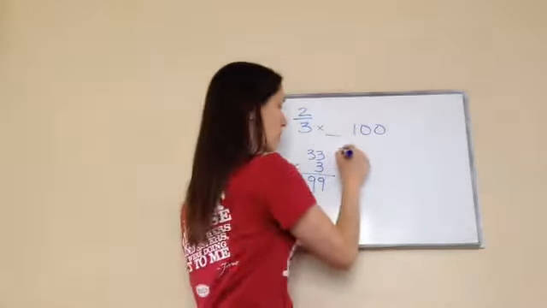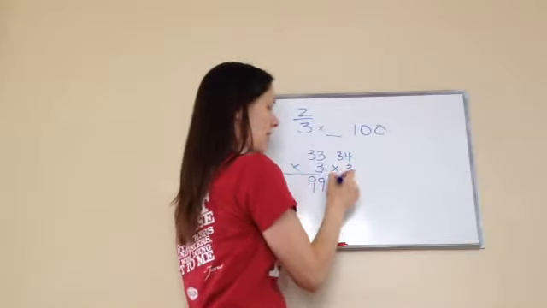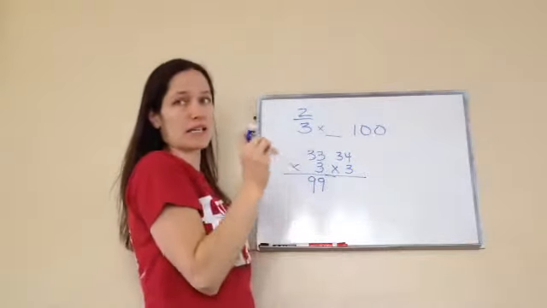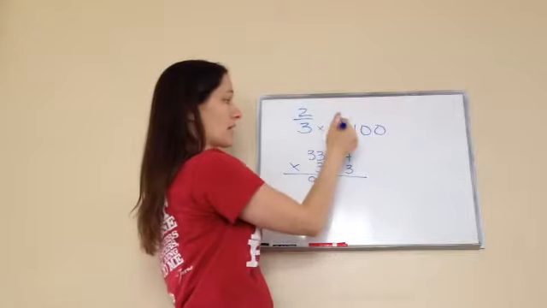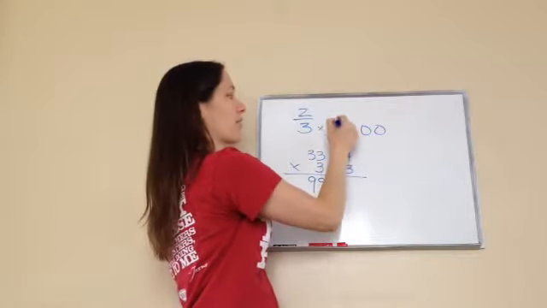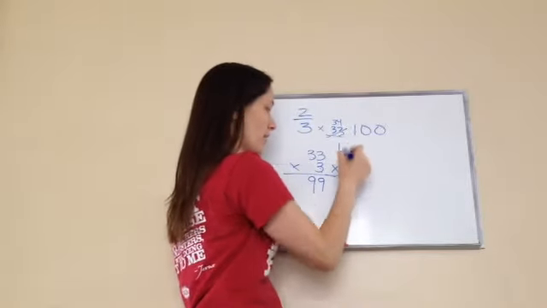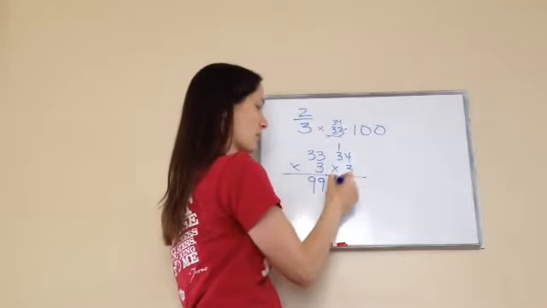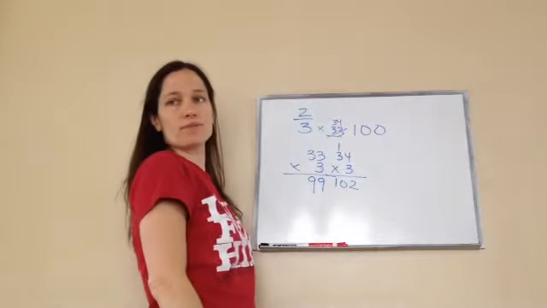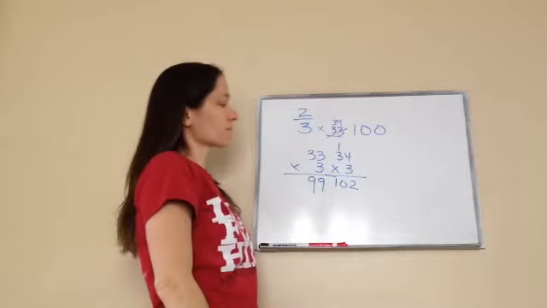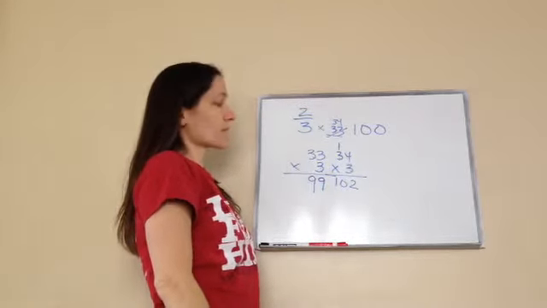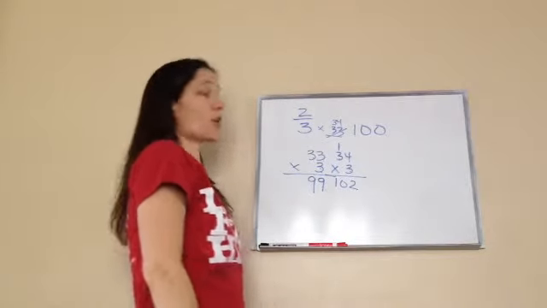Let's try 34 times 3. 4 times 3 is 12. 3 times 3 is 9, plus 1 more is 10. Went over. Close, but it didn't get quite there. So 99 with 33 is closer.